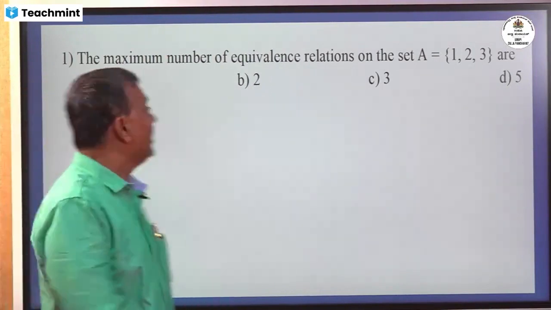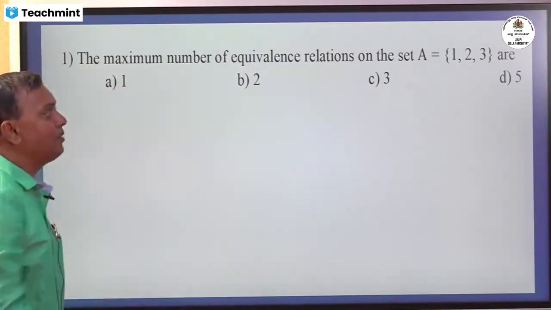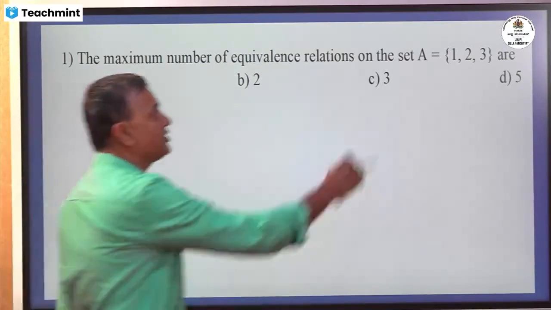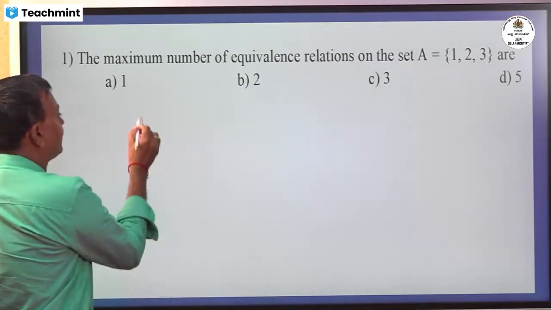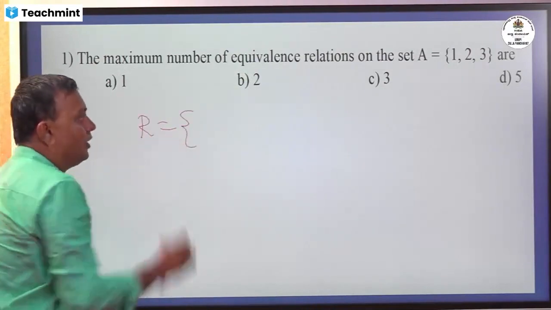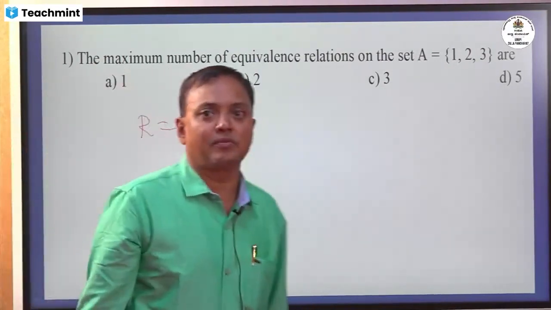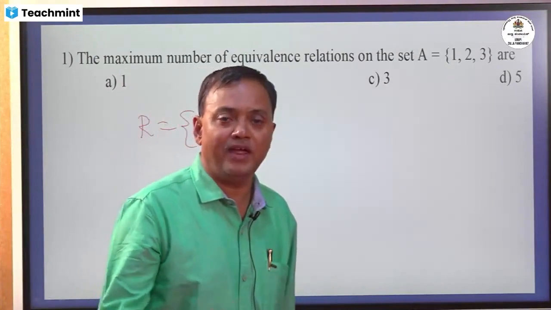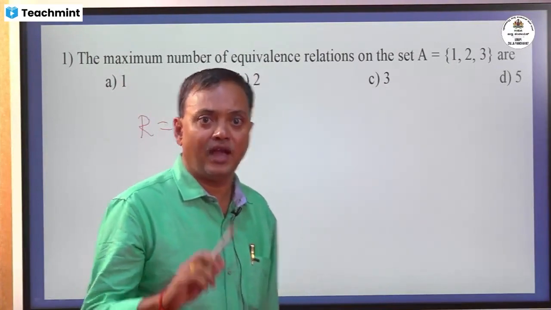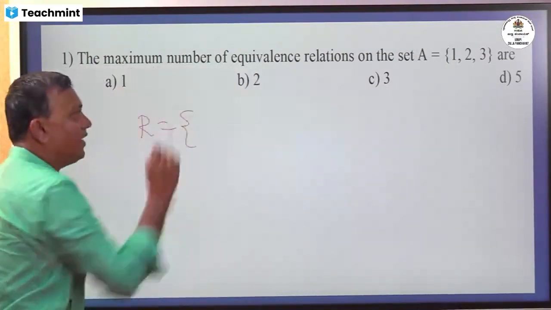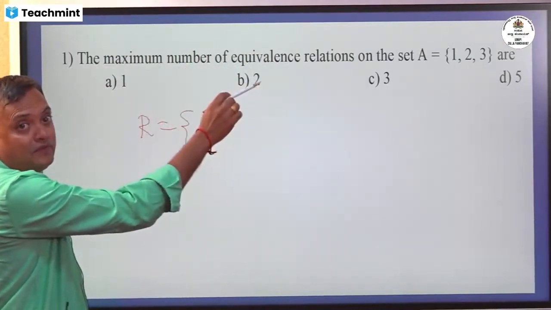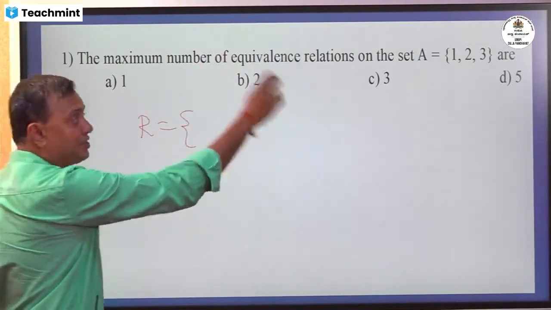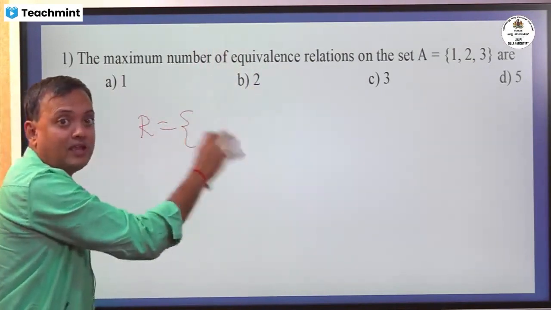Now here we have the maximum number of equivalence relations on set A = {1, 2, 3}. For it to be equivalence, it should be reflexive, symmetric and transitive. For it to be reflexive, for every a belongs to set A, the ordered pair (a, a) must occur.